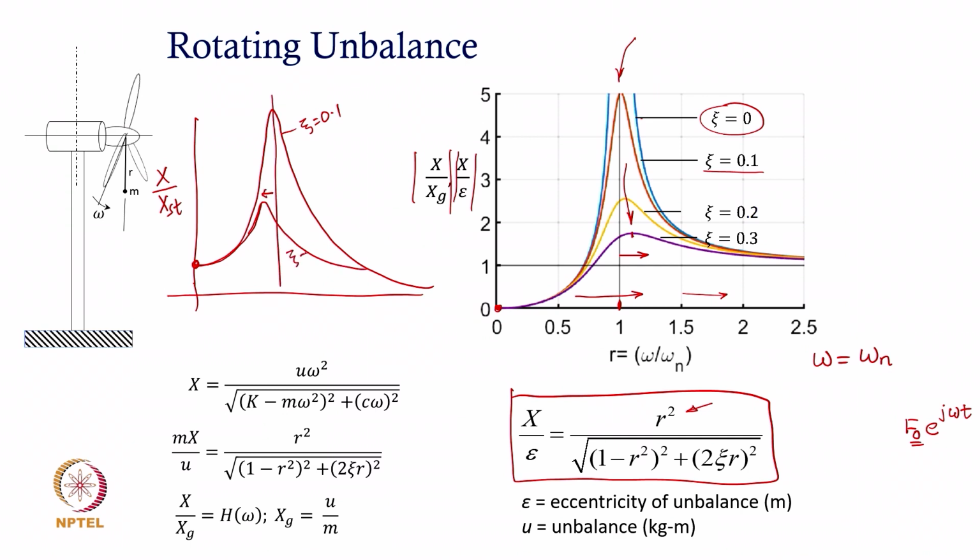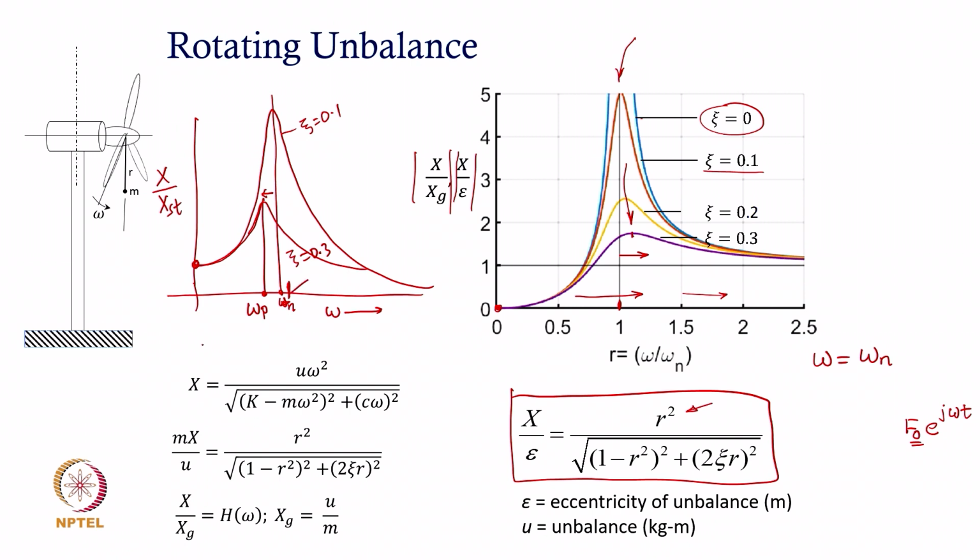So, let us say this is zeta equal to 0.3, and the peak is observed at a frequency omega p. Okay. If you are plotting this as a frequency and not frequency ratio, then this is the undamped natural frequency. So, it will be slightly on the left hand side of the undamped natural frequency.